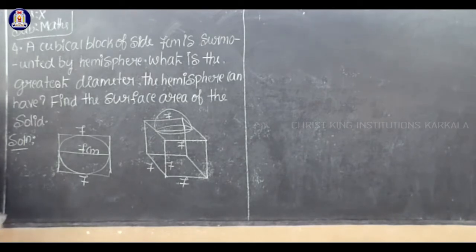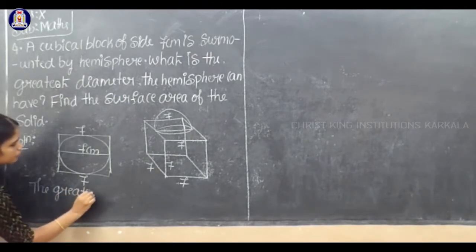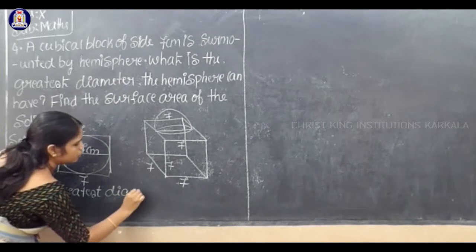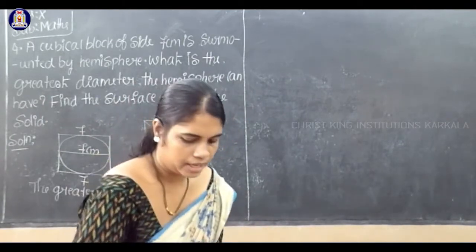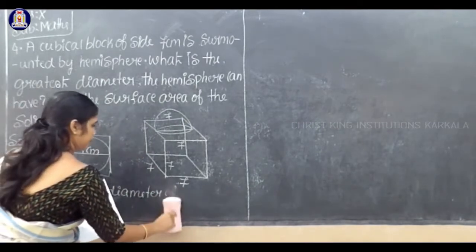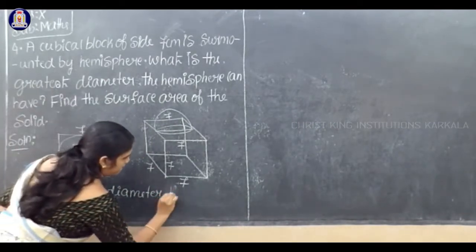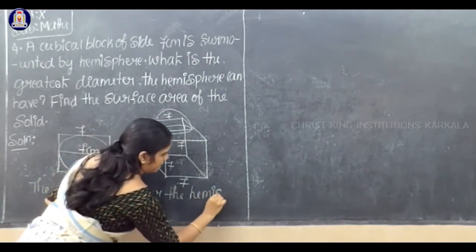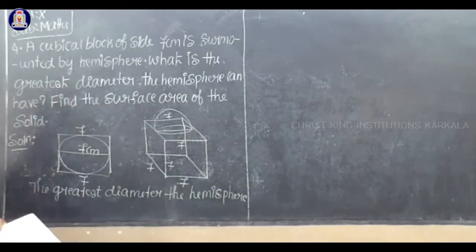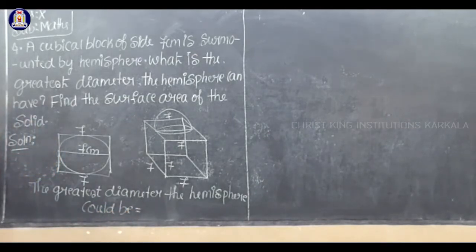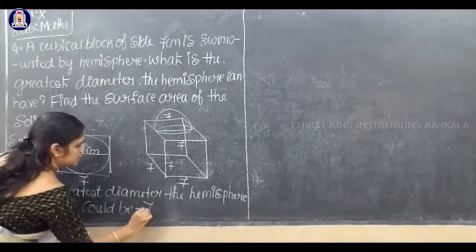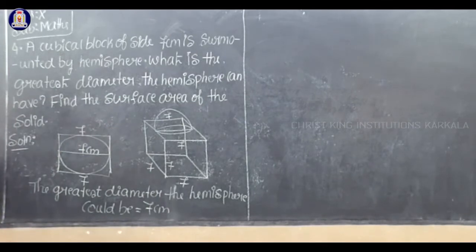So the answer for the first sub-question: the greatest diameter the hemisphere could be is equal to 7 centimeter. So the first sub-question is solved.